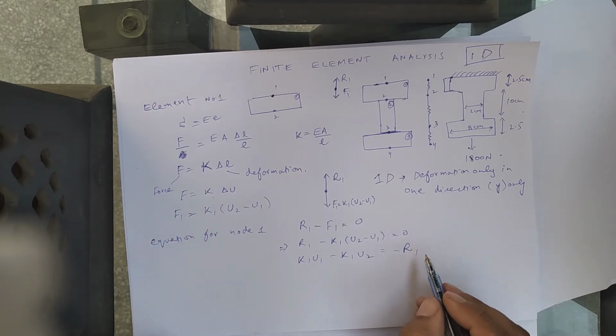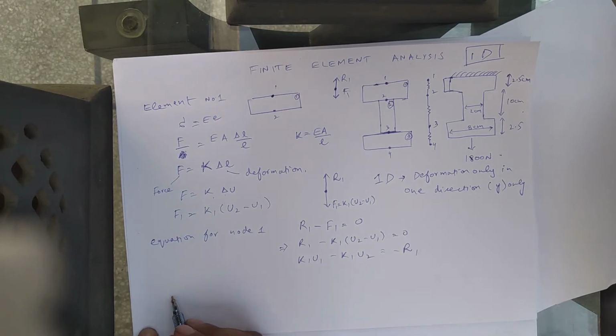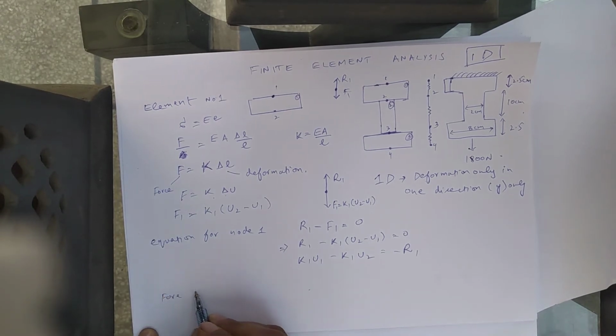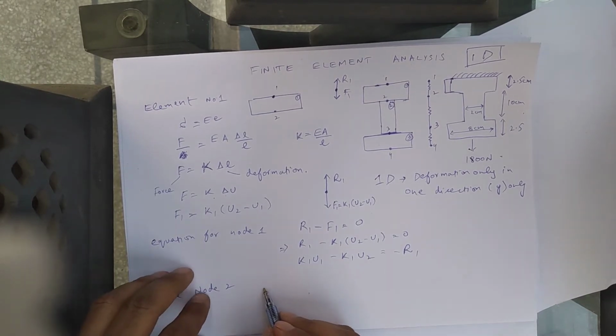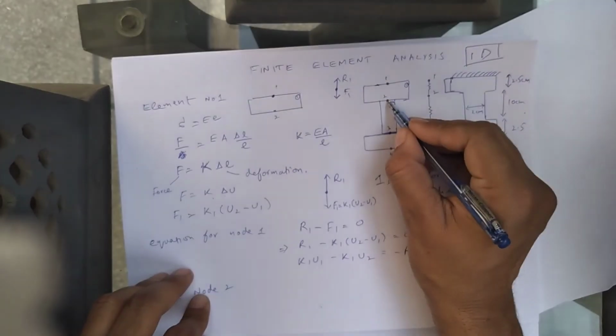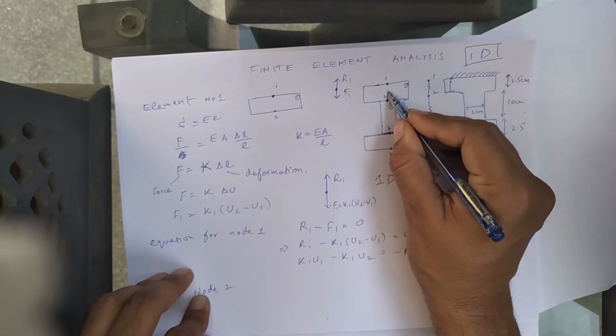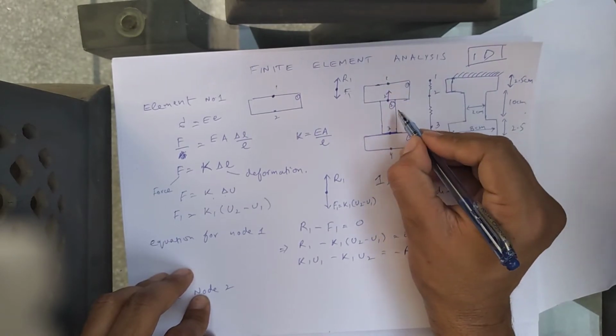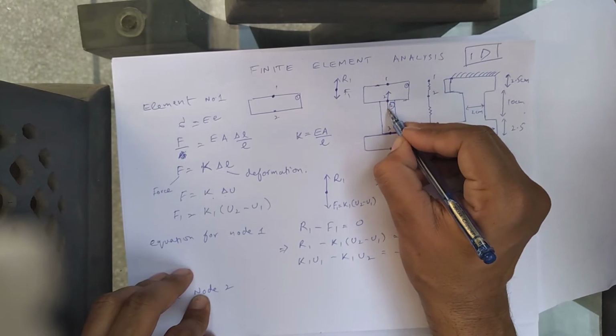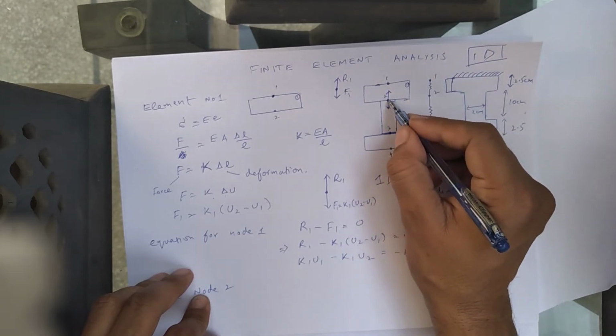Similarly for node number 2, we have the equation. Here we have the node number 2, and on node number 2 we have two forces. Element 1 is applying a force upward, and element 2 is applying a force downward on this node.